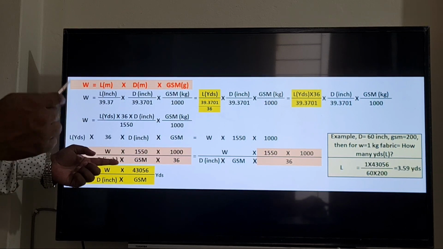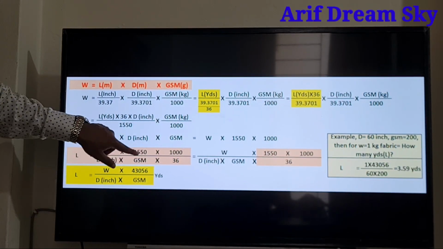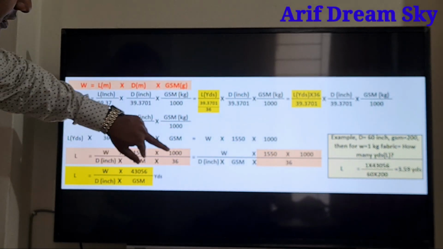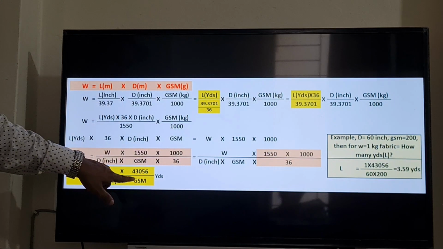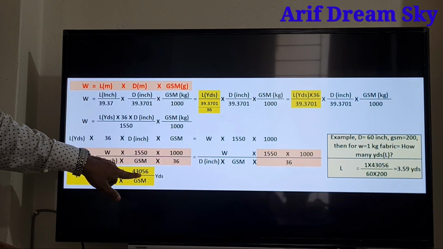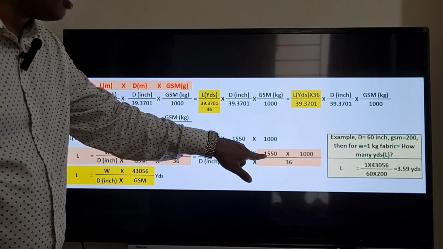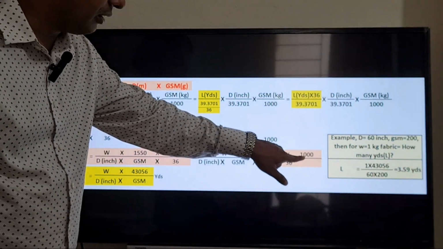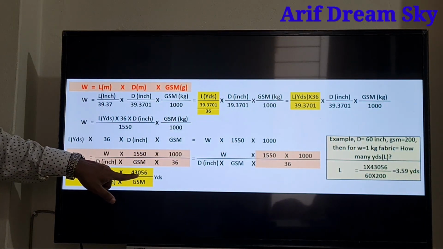We can also simplify these rules: if we multiply this figure and divide by that figure, we will get 43,056. How do we get it? 1550 into 1000 divided by 36, and we have got this.